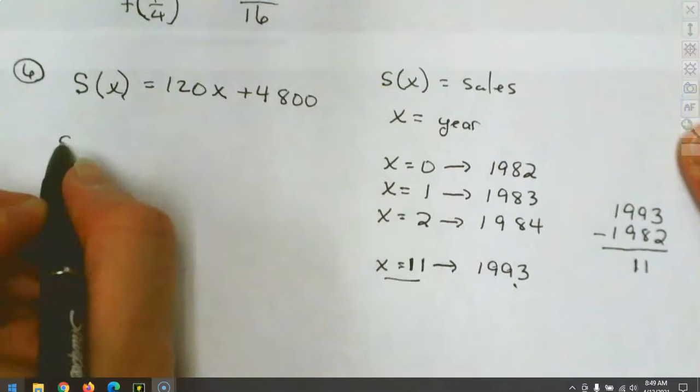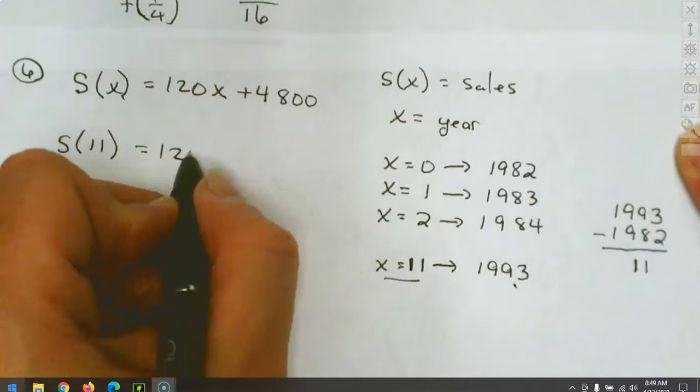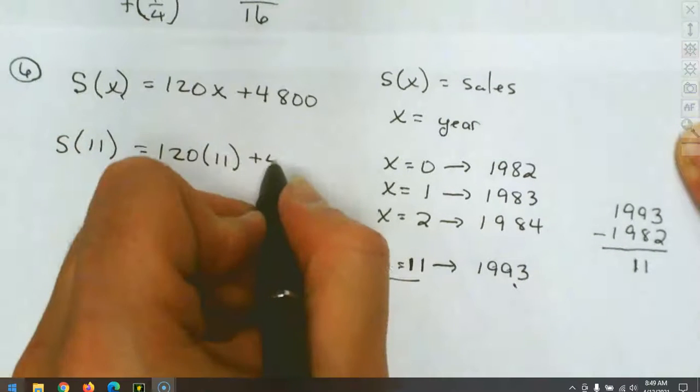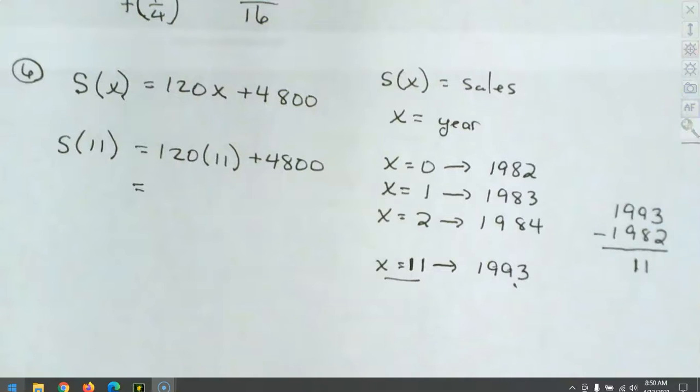So now we need to find S of 11. So we just simply plug in our value here. And how many appliances are we going to sell approximately in 1993? Well, if we plug that value in, we've got 120 times 11 plus that 4,800.